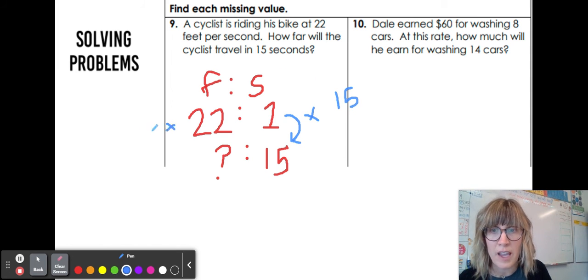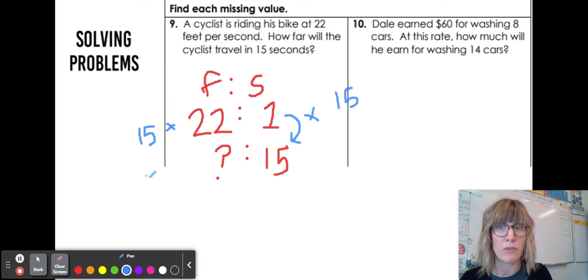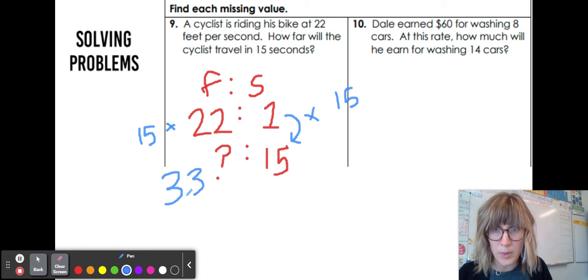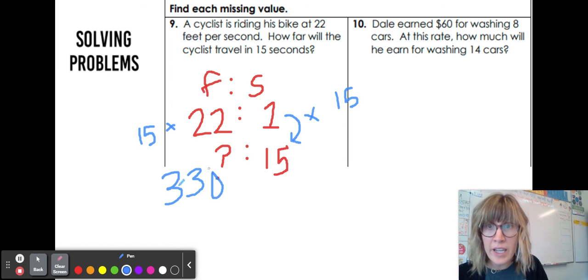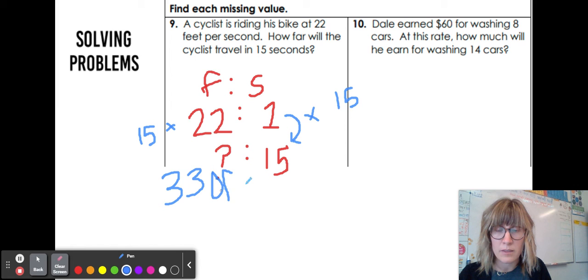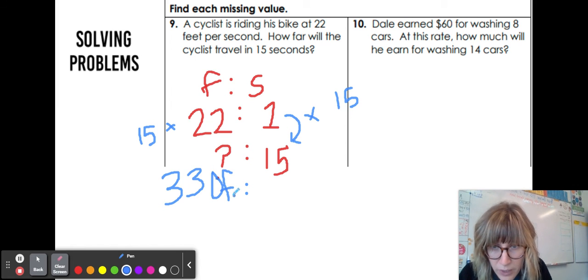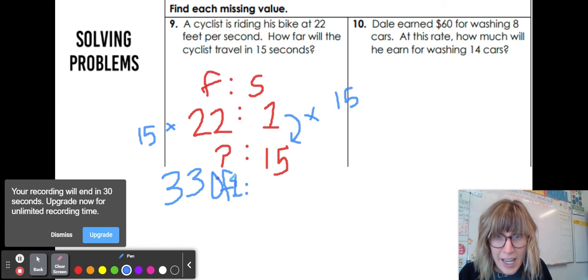So let's take our 22 and multiply it by 15 to solve our mystery. And 22 times 15, you may use a calculator here since we're not explicitly practicing multiplication, gets us 330 feet, that's FT for feet, in 15 seconds.